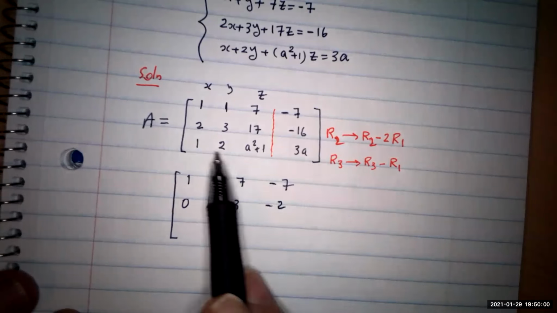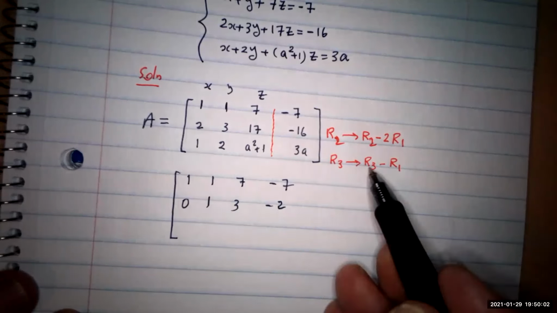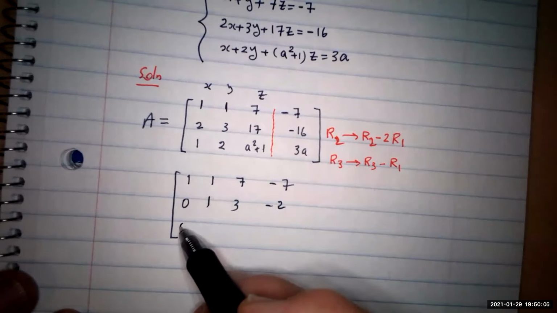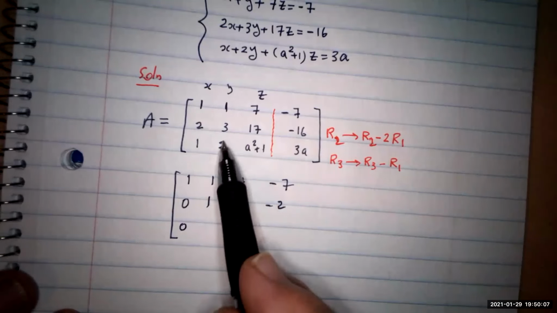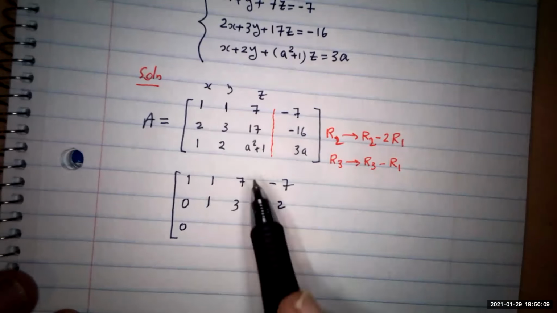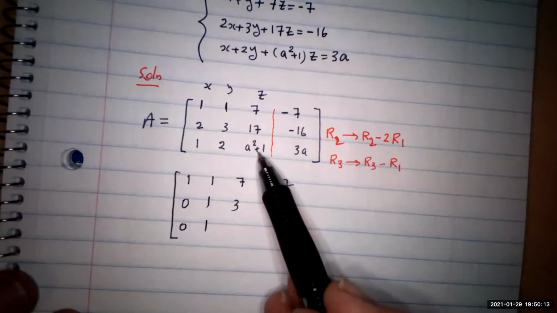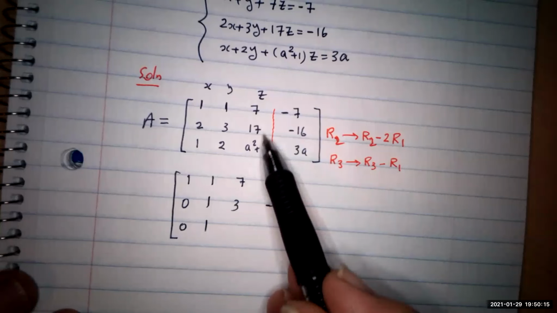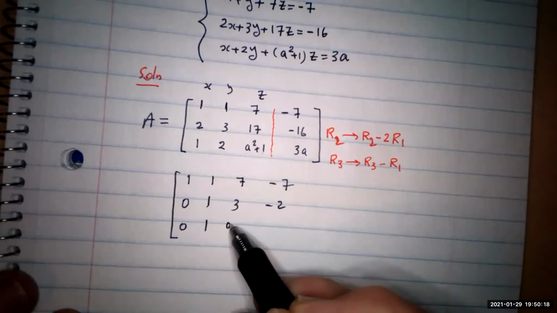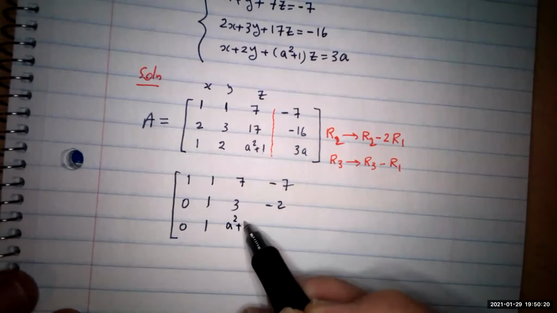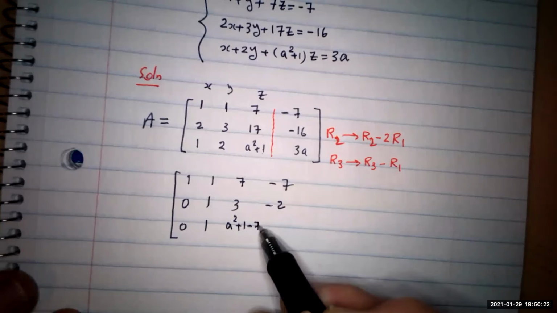Then R3 minus R1, that gives you 0 here, and 2 minus 1 gives you 1. And here R3 minus R1, this is a cubed plus 1 minus a squared plus 1, which is going to be minus 7.